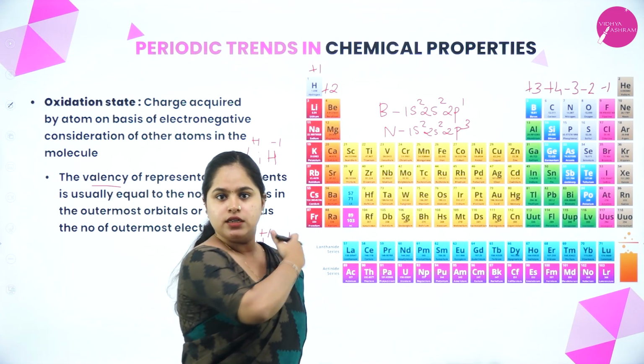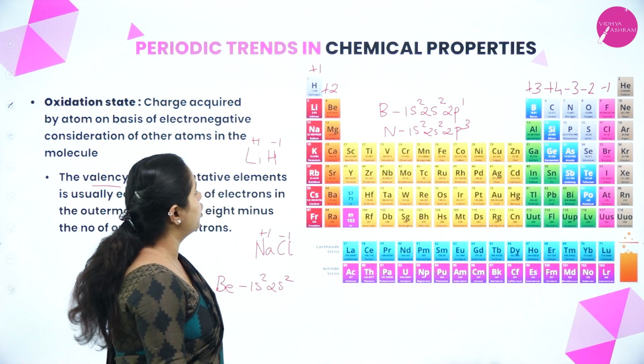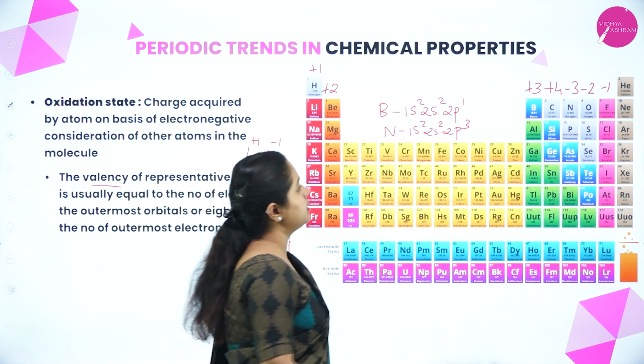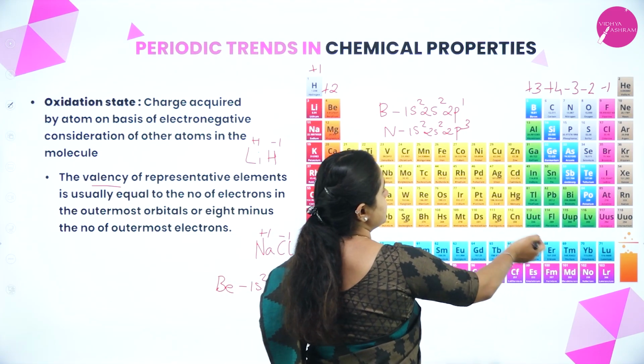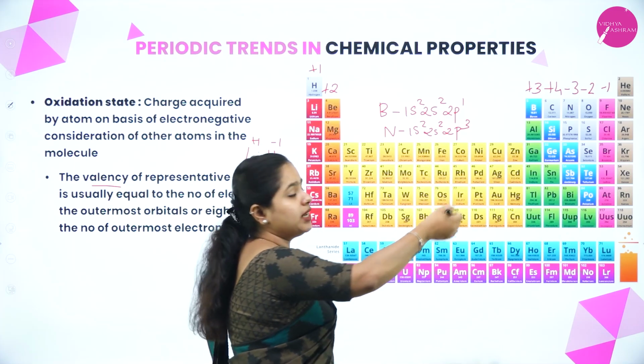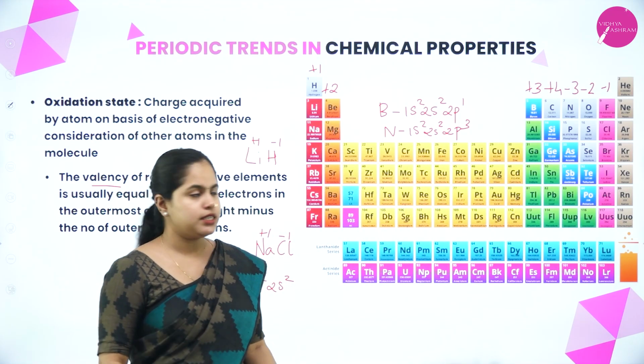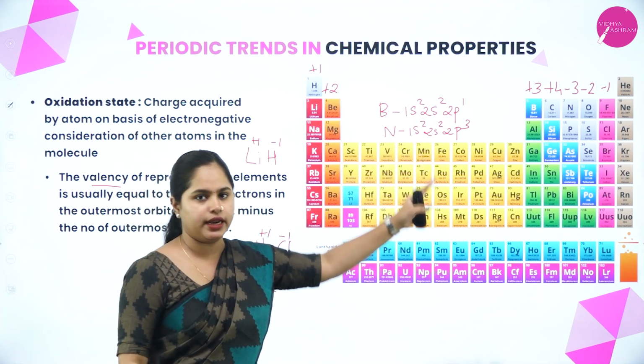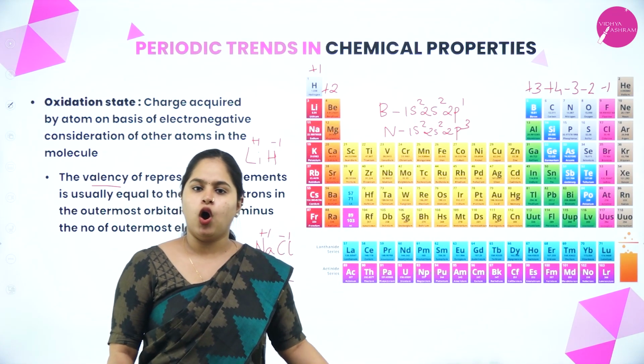I hope the trend in oxidation state is clear. It is +1, +2 for the s block elements, and for the p block elements it is +3, +4, -3, -2 and -1. I hope you understood the difference between the plus sign and minus sign. So this is about the oxidation state.